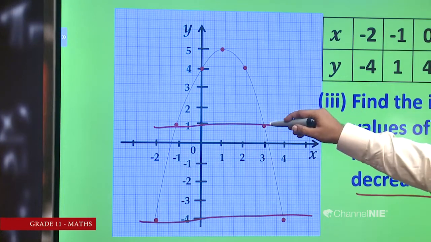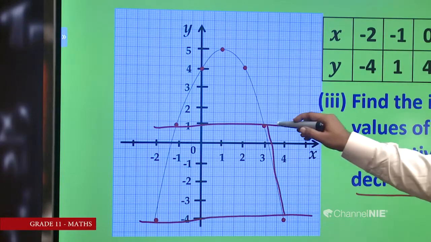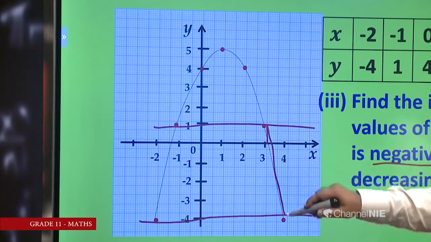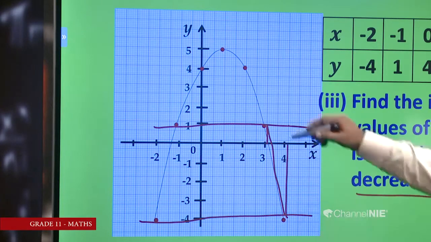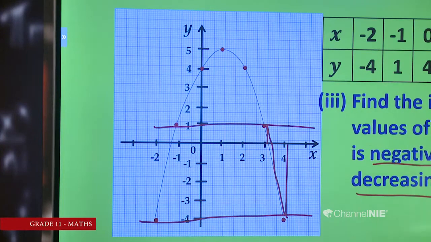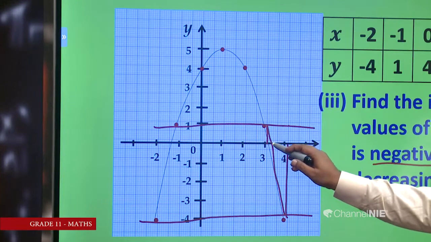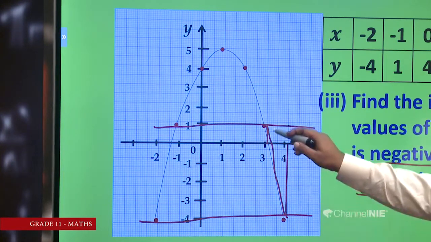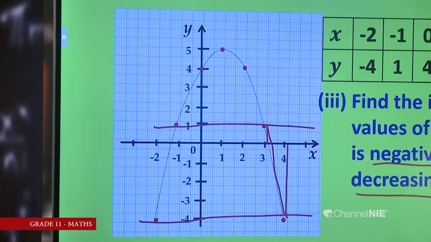Therefore, you have to consider this range. Now you can see here 3, here 4. Between 3 and 4, y is negative, and in this part it is decreasing. Y is decreasing in this range.